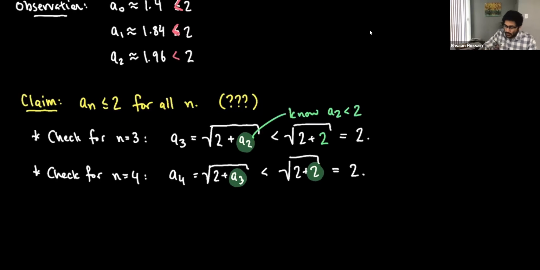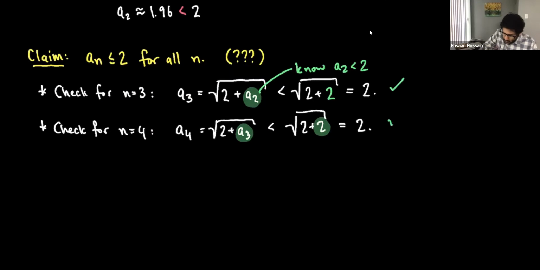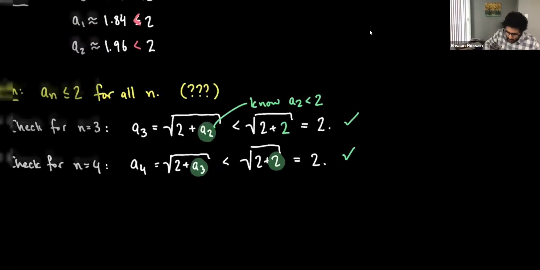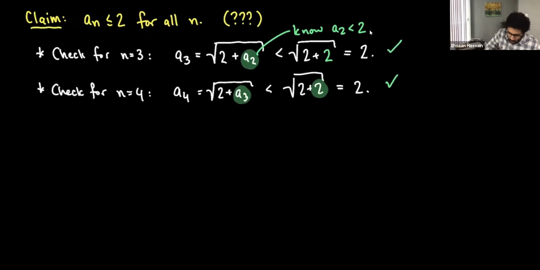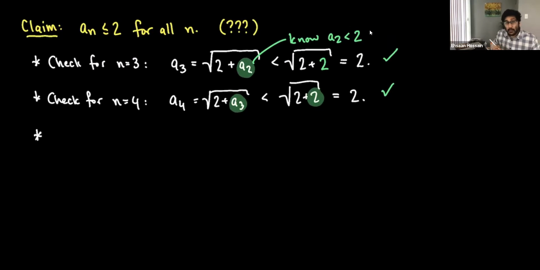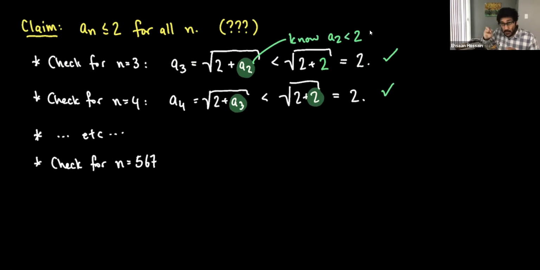So, I proved the 2 cases. How would I prove the next ones? Let's say I keep doing this, and I want to check for n equals 567, right? That means I've been sitting here for years just proving from n equals 4 all the way to 567. Let's just imagine that tons of time has passed, and I've proven all the way up to 567.